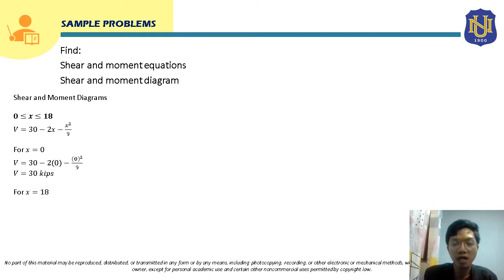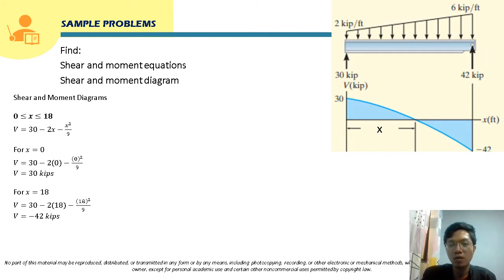Now for the shear at x equal to 18, which is the other end of the beam, we just substitute 18 to the variables x. So this will become 30 minus 2 times 18 minus 18 squared over 9. So the shear here will be negative 42 kips. From here, we can now graph these values. For x equal to 0, the shear is 30.